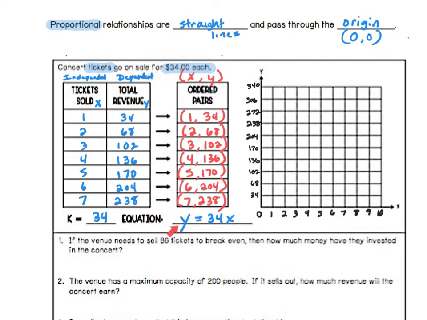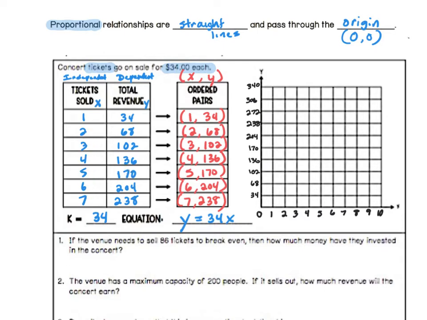So we're also able to go right to the equation, inserting the 34 where the k was in the equation. And that's what allowed us to figure out the y values. 34 times 2 was 68. 34 times 3 was 102. 34 times 4 was 136, and so forth.